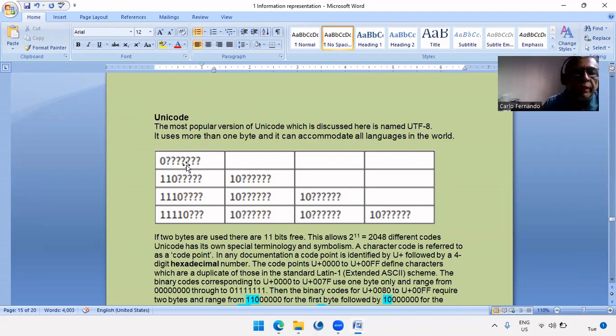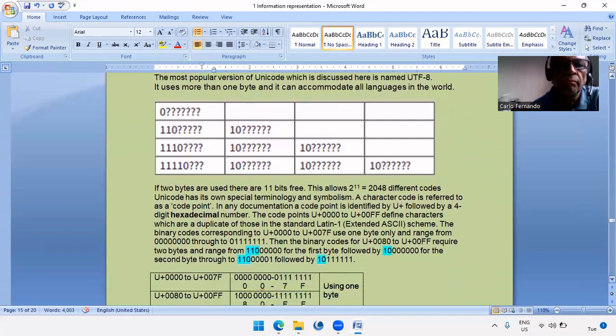Of course, the first byte remained the standard codes, which were already there. They did not have to change anything in the first byte. The most popular version of Unicode, which is discussed here, is named UTF-8. It uses more than 1 byte and it can accommodate all languages in the world. So that's a great achievement.